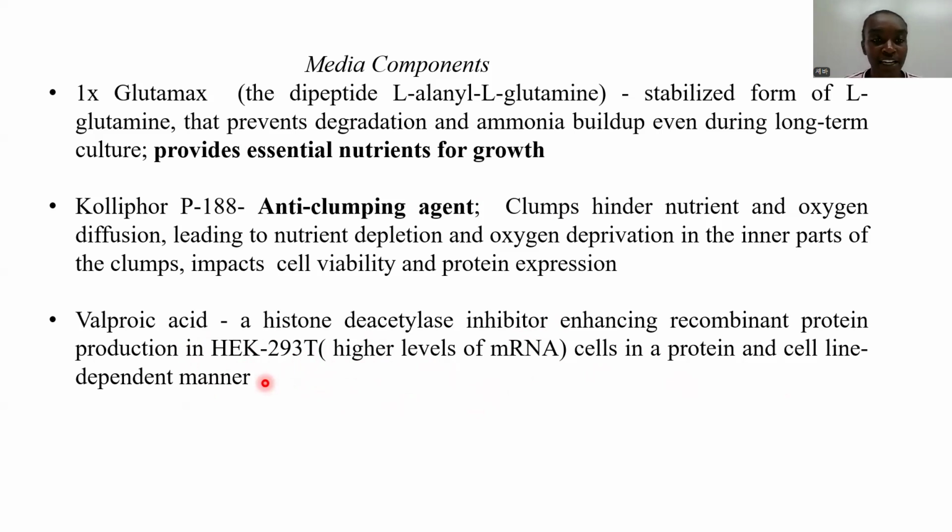Usually, the valproic acid, as it's a histone deacetylase inhibitor, removes acetyl groups, and hence the chromatin structure of the cells that are being cultured is more open, and hence the DNA is more exposed to transcription to ensure high levels of mRNA are produced, and hence enhancing protein expression of the recombinant protein of interest.